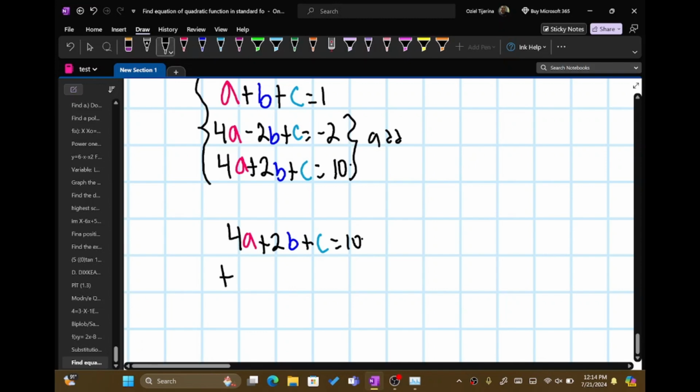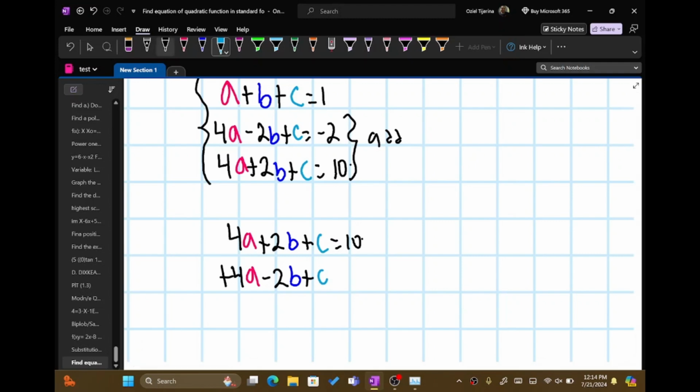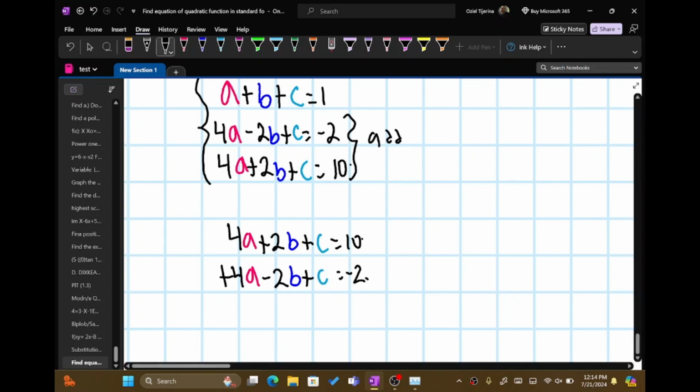And then we're going to do plus 4a minus 2b plus c is equal to negative 2. Sorry guys, it's because they're so similar. So you have to kind of be careful.